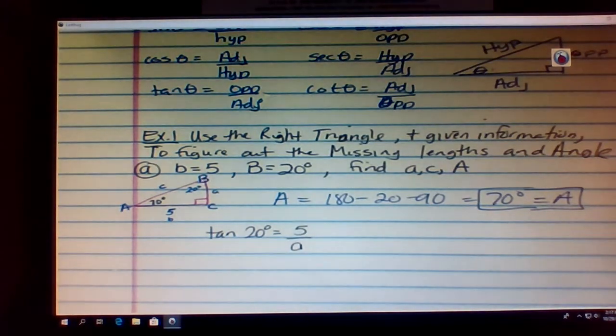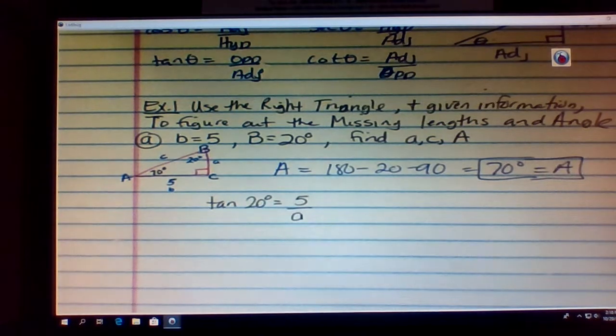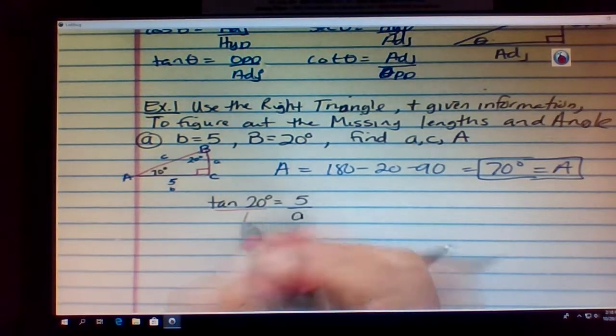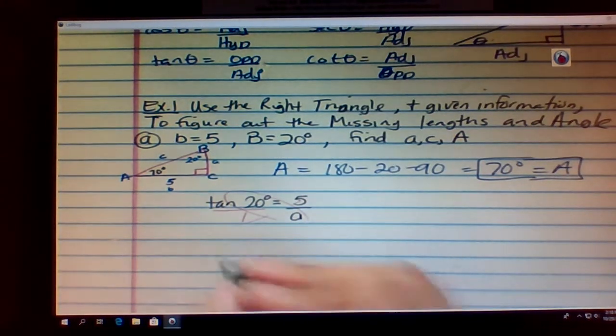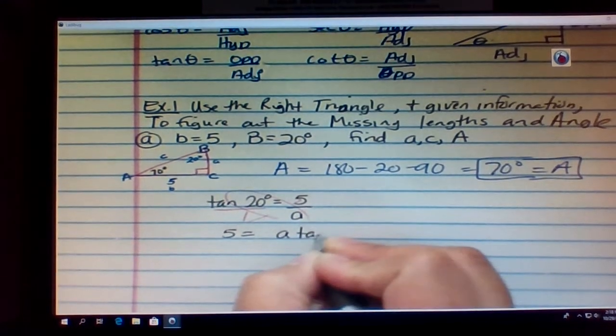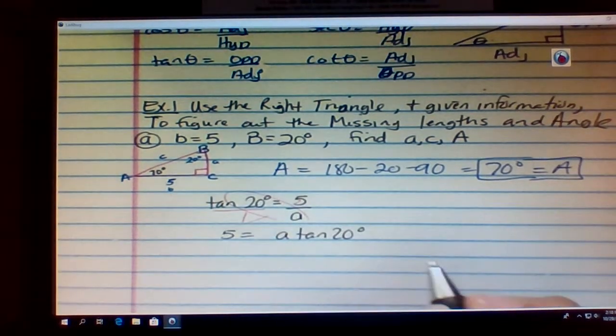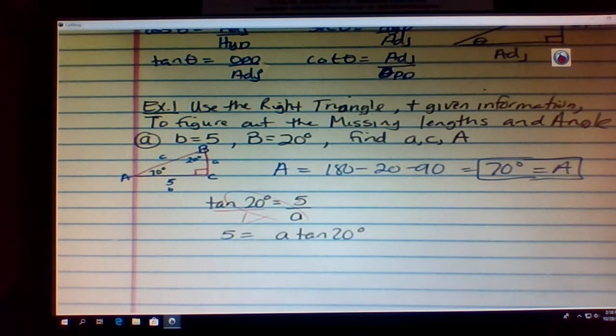Now, how do you solve for a when you have something like this? I'm going to put this little guy over 1, and then you cross multiply. So I have 5 equals a tangent of 20 degrees. If I'm trying to solve for a, what do I need to do with that tangent of 20 degrees? Divide.